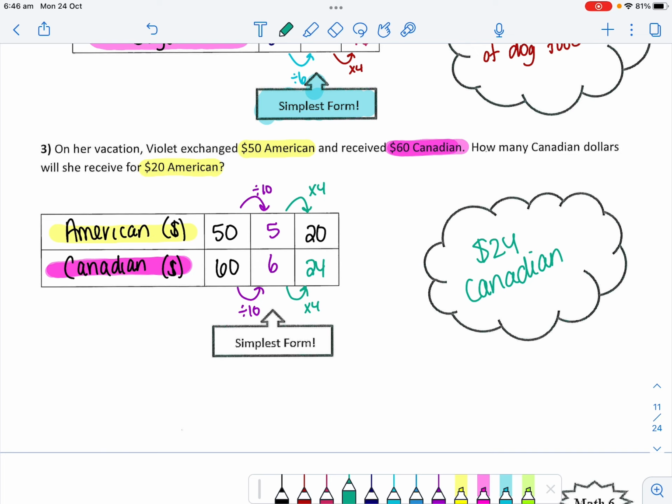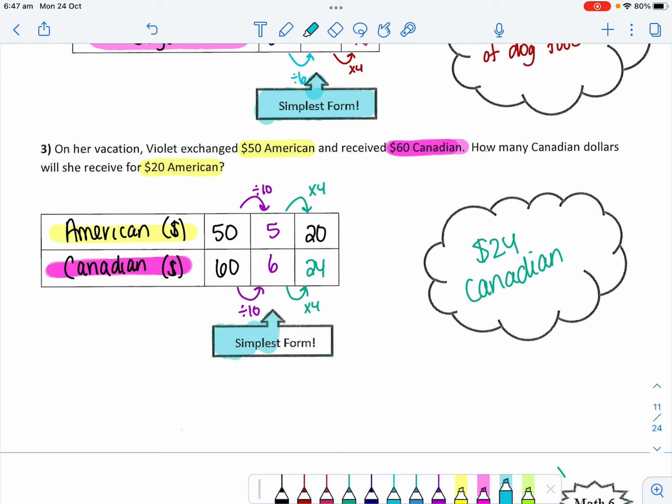Okay, so we did scaling forward first. Then we did just scaling backward, and now we're going backward and then forward because we can't go from that first initial ratio or rate to that third number in one step. So there's got to be a step in between. We're going to go to that simplest form if we can.